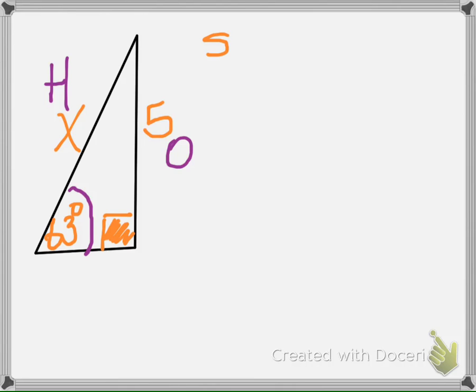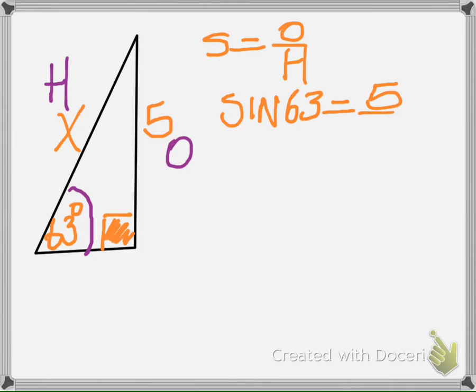Well, we have to label. The relationship between that leg with respect to the angle is opposite, and we have the hypotenuse. So that means we need to use sine again. Sine of an angle equals opposite over hypotenuse. So then I need to set up my sine ratio. Sine of 63 degrees equals 5 over x.